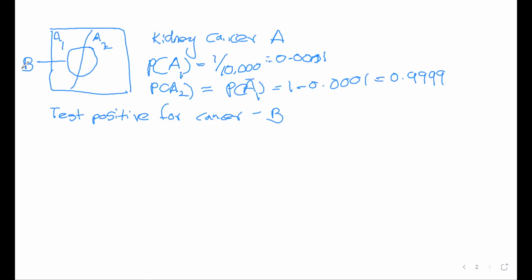That means the given information is the patient has cancer and the probability of detecting it using the test is 90%. So it is P(B given A1), 90% means 0.9.